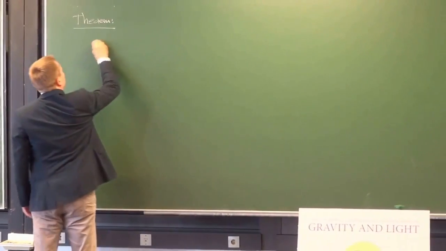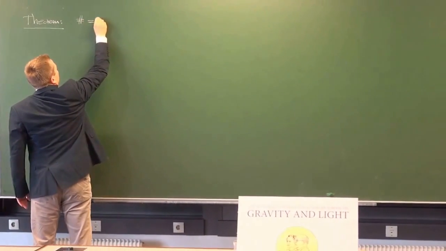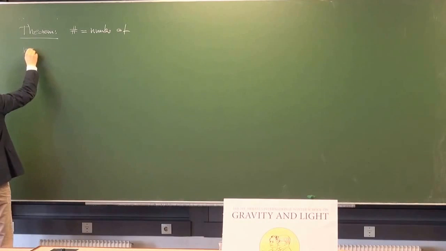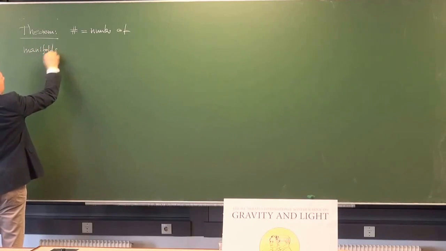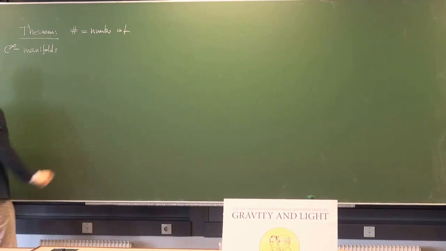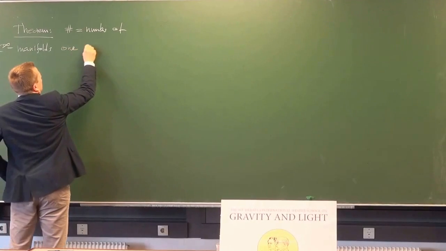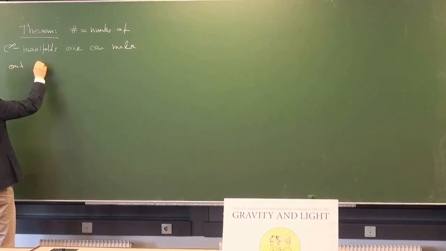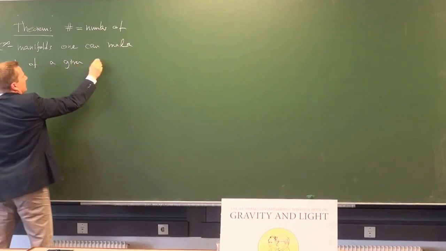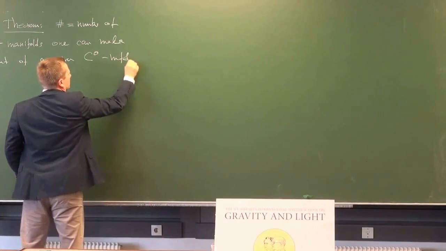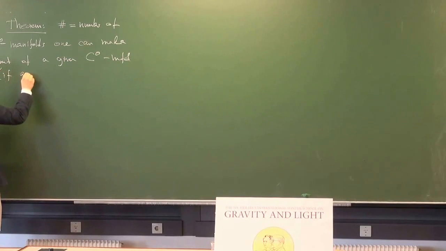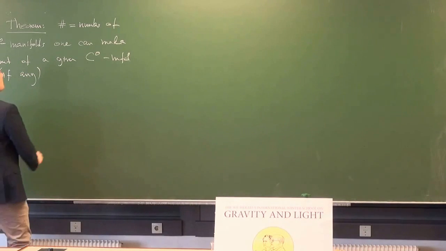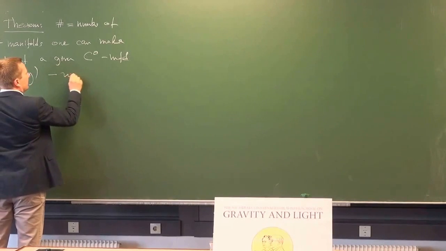It is on the number of C infinity manifolds one can make out of a given C0 manifold, in brackets, if any, so for some that might not work, but say you have one for which it works, up to diffeomorphism.